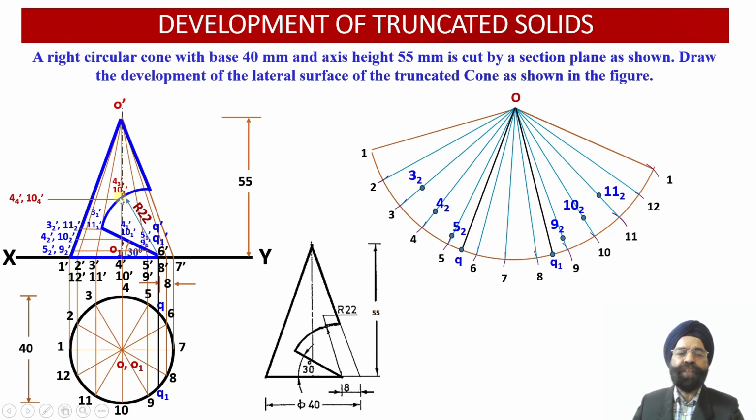So now let us transfer these 2 radii onto the true length over here. From these 2 points 4 3 dash and 10 3 dash, again a horizontal projector line has been drawn onto the true length of the slant generator O dash 1 dash over here. So this point of intersection is obtained as 4 4 dash and 10 4 dash. So now once we measure this radius starting from O dash up to this point of intersection, we will be able to obtain the radius corresponding to 4 4 dash and 10 4 dash.